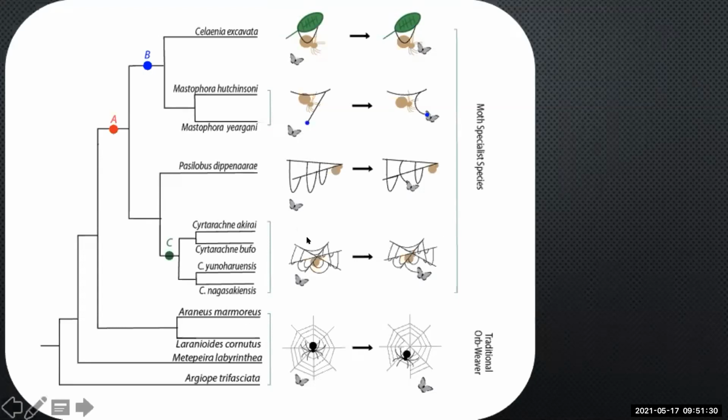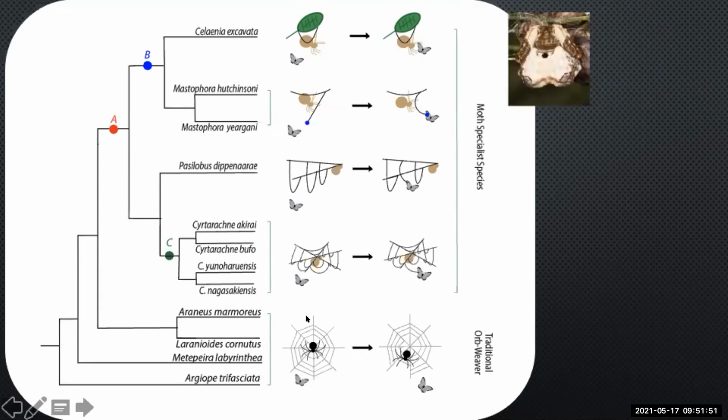Then we have Pseudarachne, which makes a horizontal web that looks like one you'd see outside. And as our outgroup here, we have normal orb weavers, the things you would find on your porch, but ones that are really bad at catching moths.